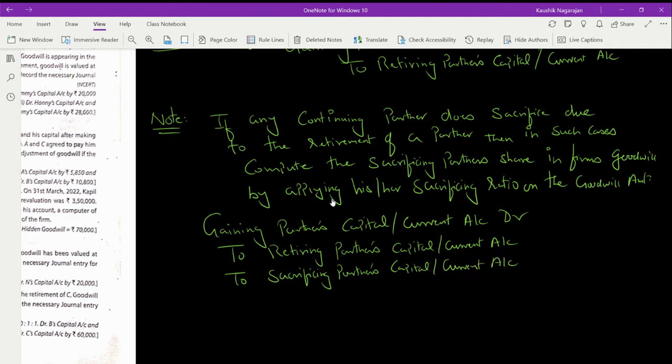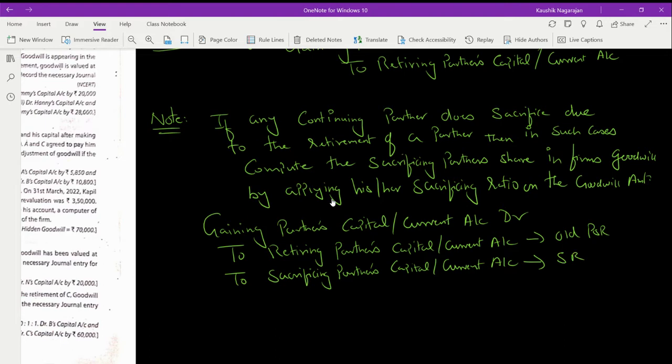Now here, for the retiring partner's capital or current account, you will be using their old PSR on the goodwill amount to find out the share of goodwill, whereas for the sacrificing partners' capital or current account, you will use the sacrificing ratio.